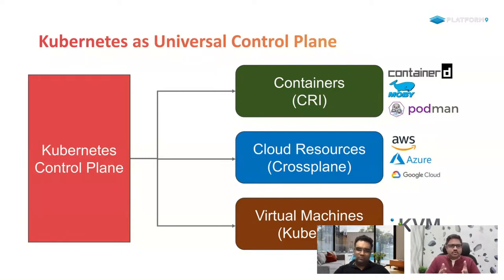Kubernetes was originally designed to orchestrate containers. And as we know, there are certain standards that have been defined. For example, the container runtime interface, or the CRI, has been the core layer that enables Kubernetes to deal with containers.